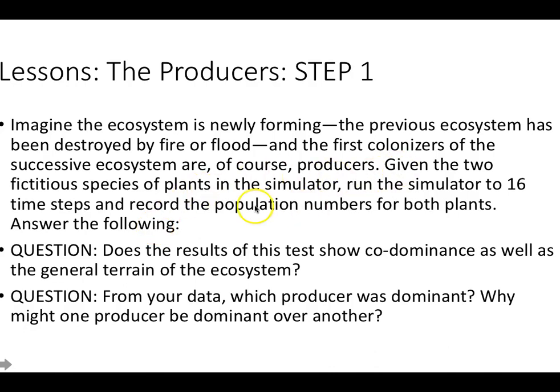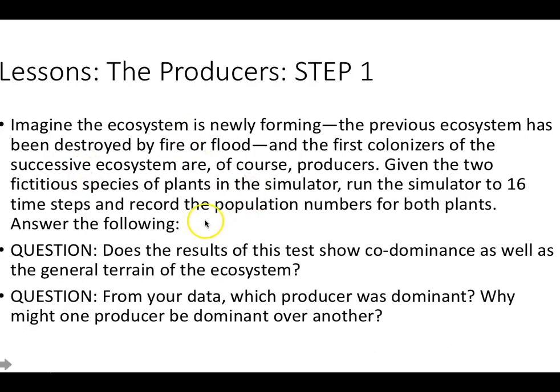So what you're going to do is when you go to the simulation, there's already a default, and the default is that the two grasses, grass A and grass B, are going to grow, but they're also going to compete. They're not really competing for the sun, but they're competing for land.